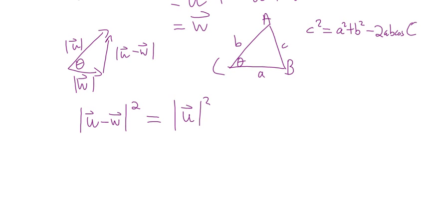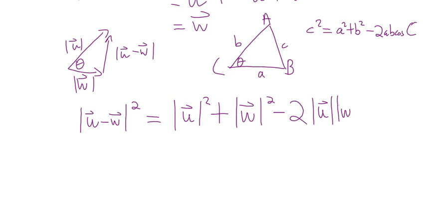Magnitude of u squared plus magnitude of w squared minus 2 times magnitude of u, magnitude of w, cos theta. Okay? I'll let this sink in for a bit. You can copy it down and then just think about it.